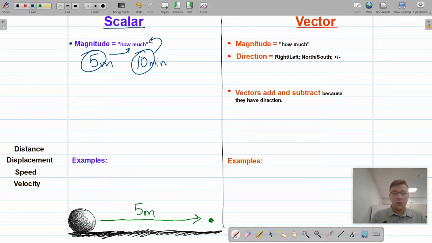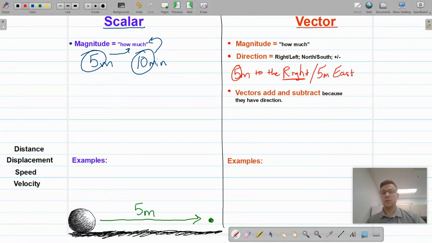To use these same examples, if this ball rolls to the right here, instead of writing 5 meters, I might write 5 meters to the right. The 5 would be our magnitude, and then to the right would be our direction. Or I could have said something like 5 meters east.